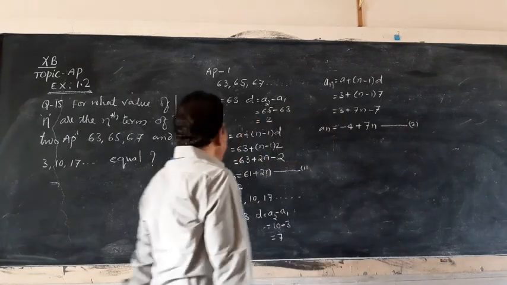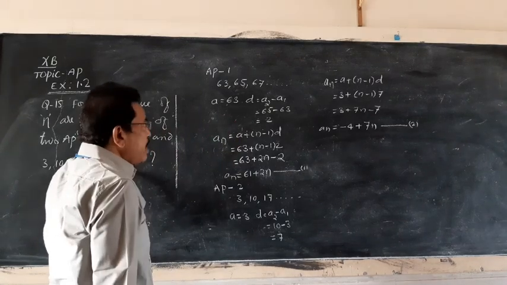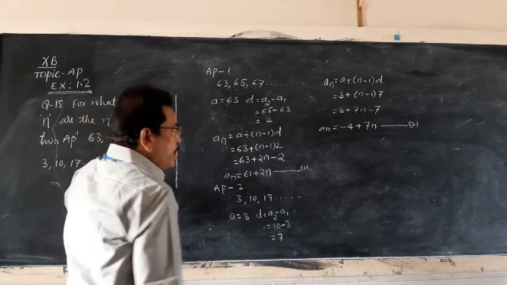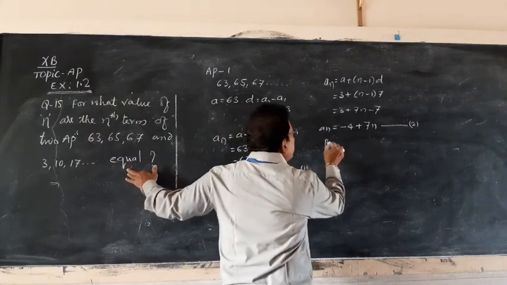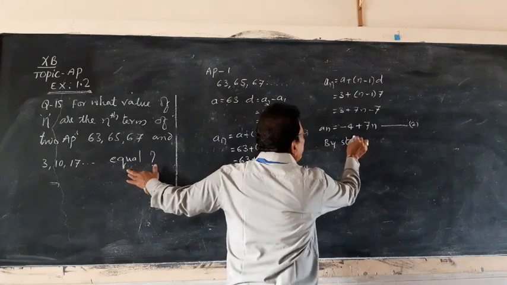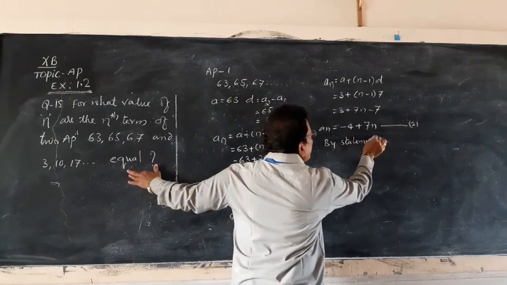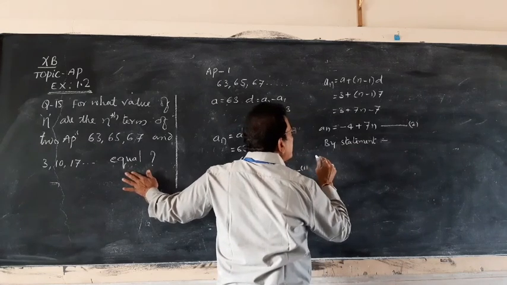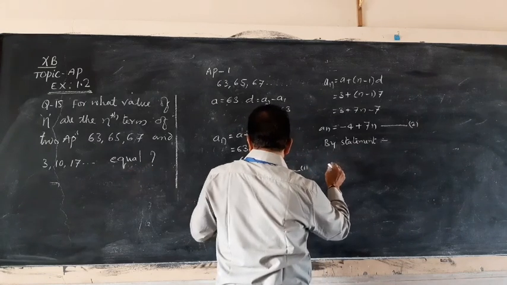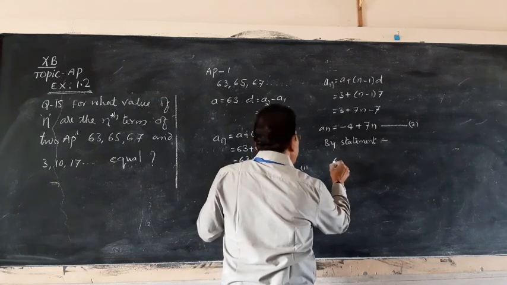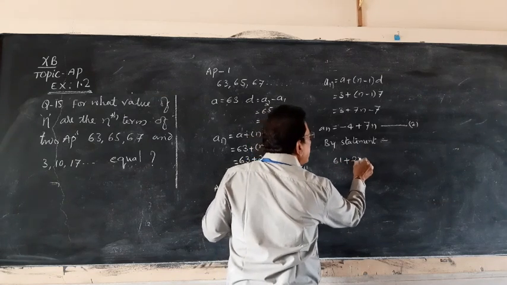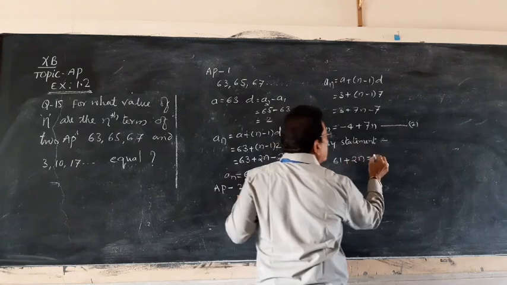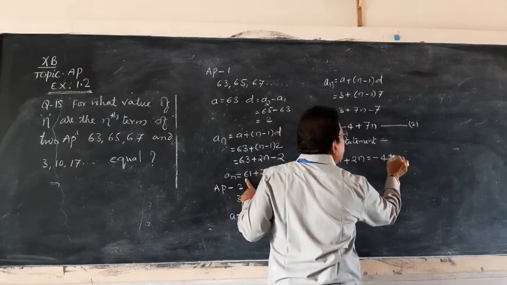Second, by the statement of the problem, they are equal. That means by the statement, 61 plus 2n equals minus 4 plus 7n.